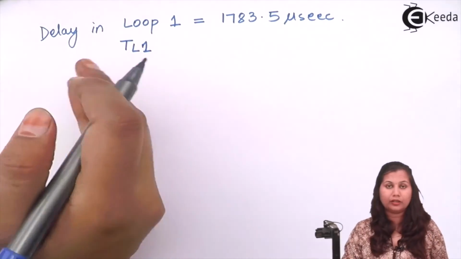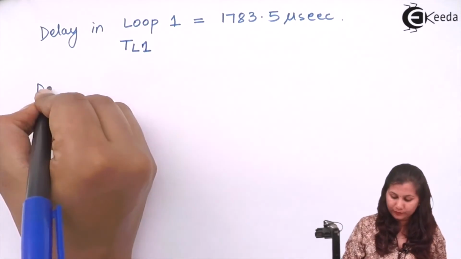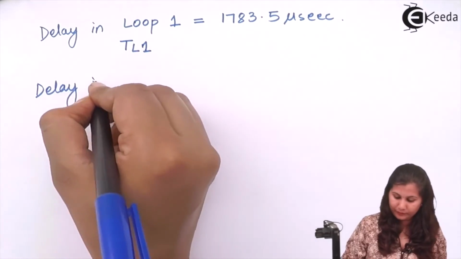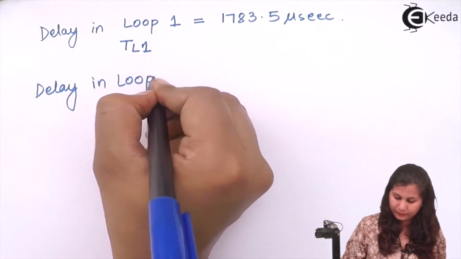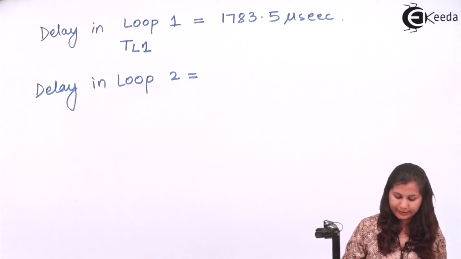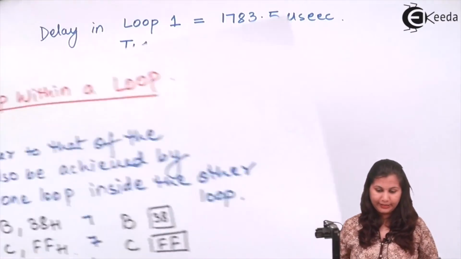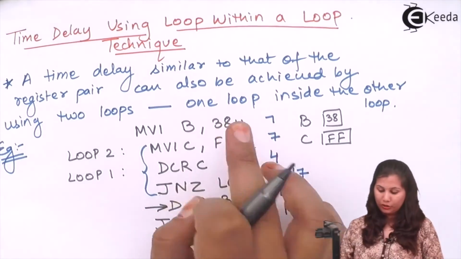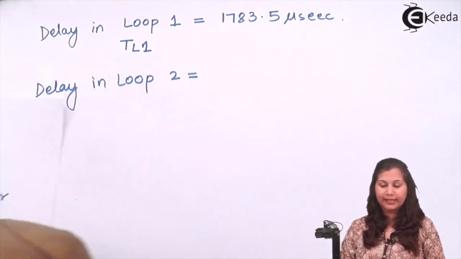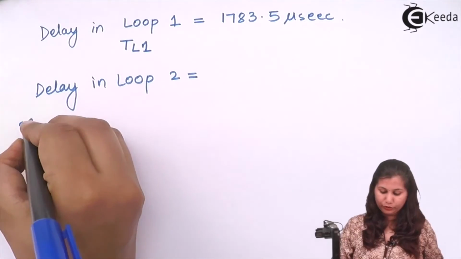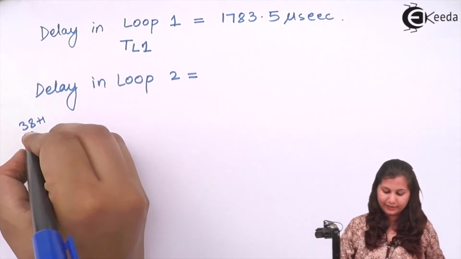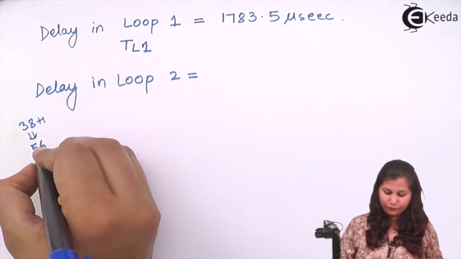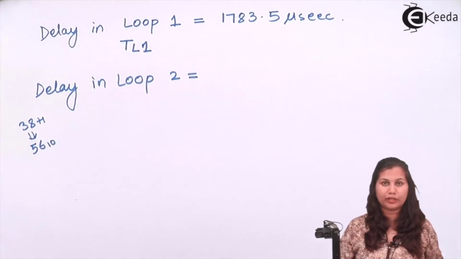Then the loop delay due to loop 2. We have 38H as the outside count. When we convert it to decimal, 38H, that is hexadecimal, is equivalent to 56 in decimal notation.